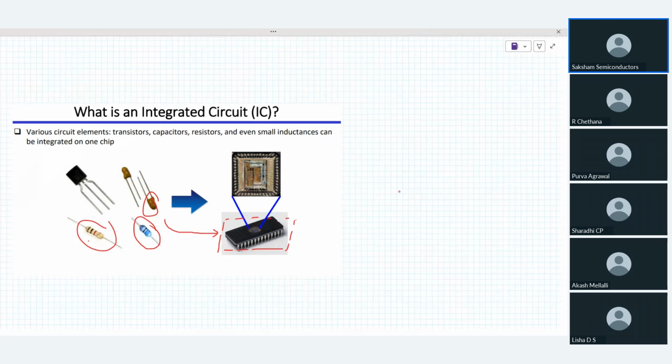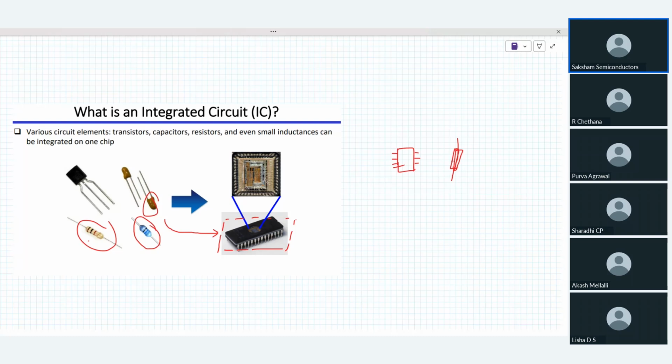Now, if you see an AND gate or AND IC in your laboratory, which is of this size, and a resistor, both look almost the same size, isn't it? How is someone going to put the resistor inside the integrated circuit? It doesn't digest, right? So we are not going to put the actual resistors.